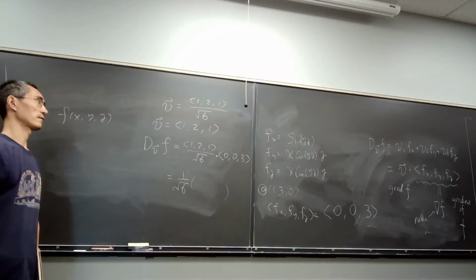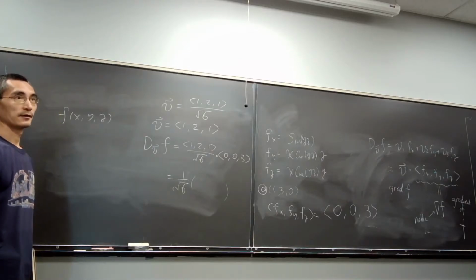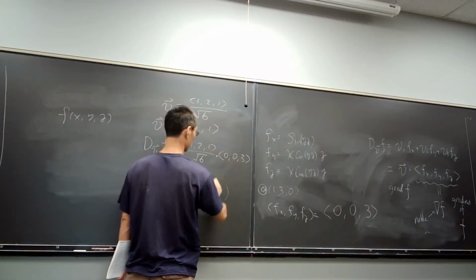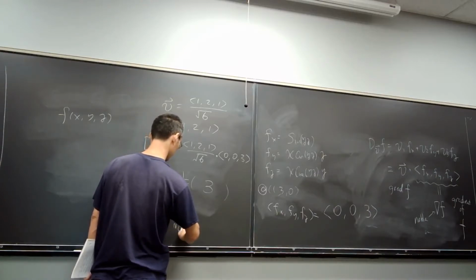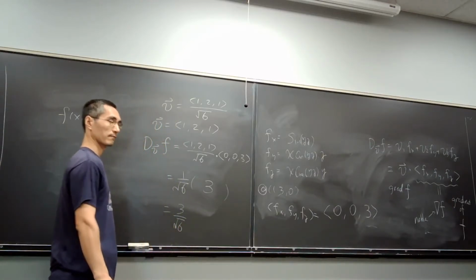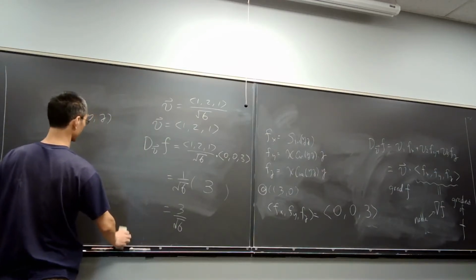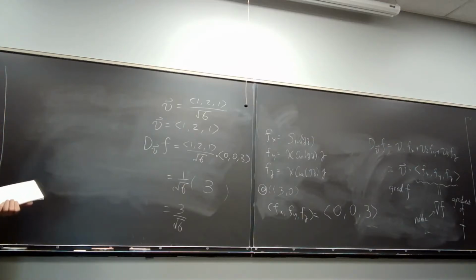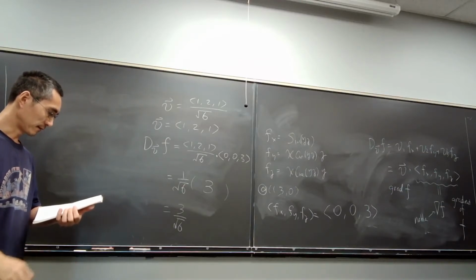What's the dot product of 1, 2, 1 and 0, 0, 3? 1 times 0 is 0, 2 times 0 is 0, 1 times 3 is 3. So that's the answer: 3 over square root of 6. All right? So that's your directional derivative and a gradient vector.